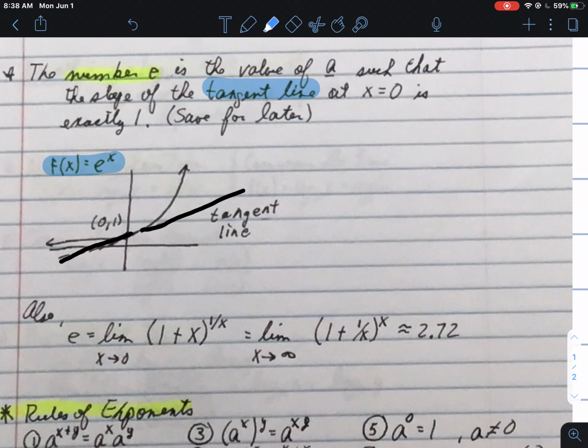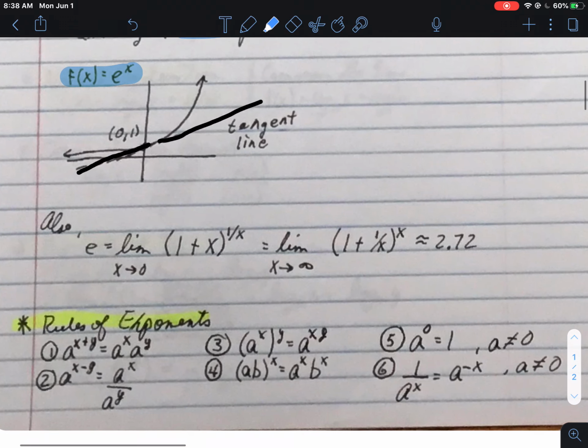We're going to have a use for that. So, like I said, save this for later. That's going to come in handy for us down the road as we get into our discussions, and the fact that the slope of the tangent line at the point (0, 1) on the graph of f of x equals e to the x is 1. But again, we're going to have a lot more discussion about tangent lines coming up.